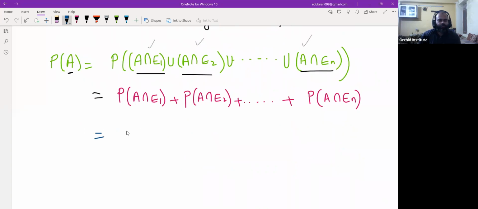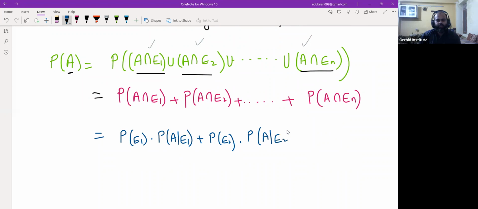Now, P of A intersection E1 can be written as P(E1) into P(A/E1). This can be written as P(E2) by the multiplication theorem, which we did yesterday, P(A/E2), so on, P(En) into P(A/En).